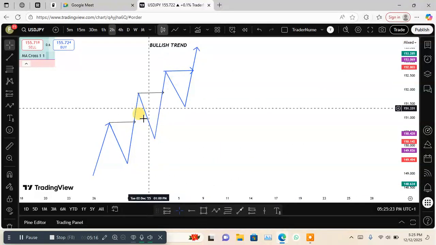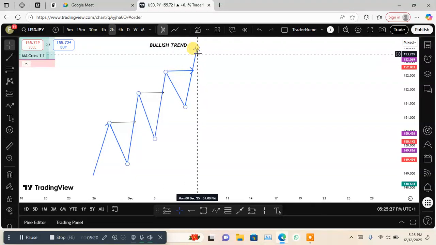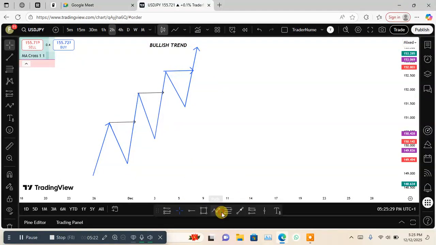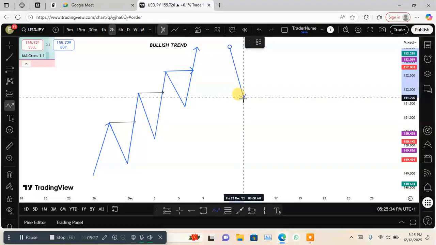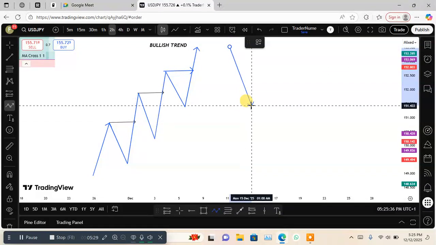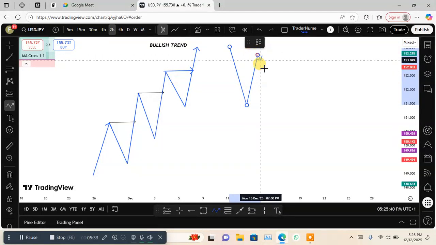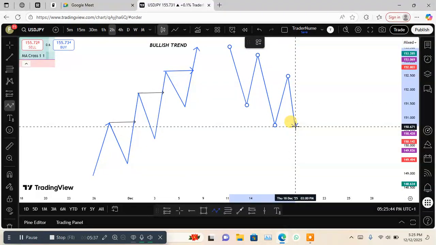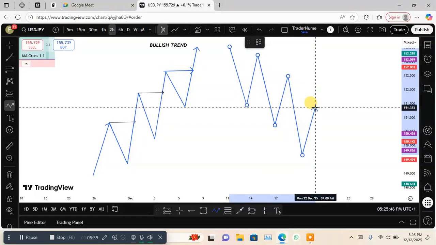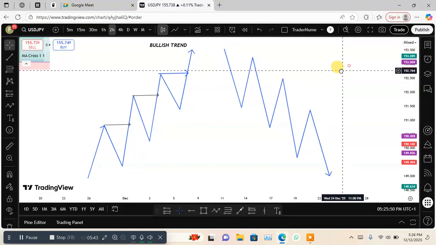Meanwhile, a bearish market is just a reverse of the bullish trend, right? Now, in a bearish trend, price will be coming down in zigzag form. You understand? Lower low, lower high, lower low, lower high, lower low. So this is a bearish trend.